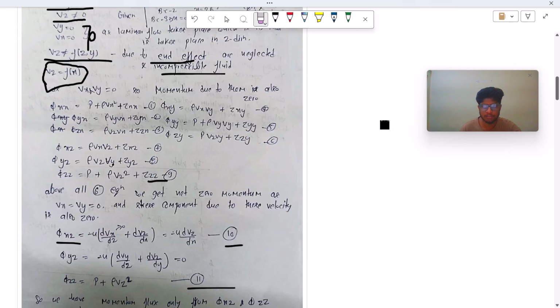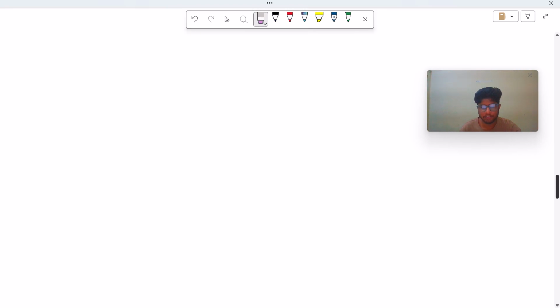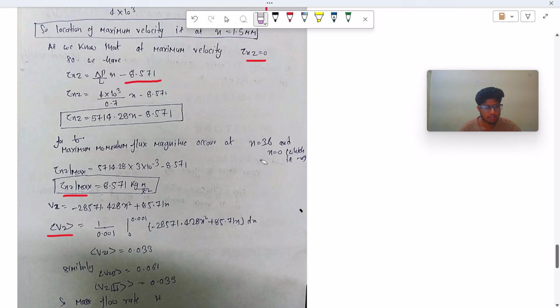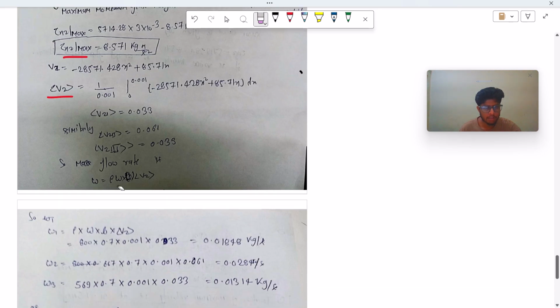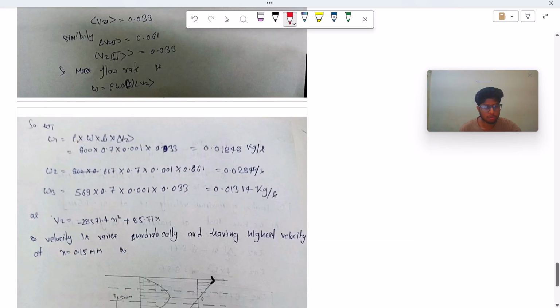If we take this, we get density into area into average velocity. So we get the mass flow rate for fluid 1. Density of fluid 1 is 800, width into thickness, width is 0.7 and b is 0.001, average velocity is 0.033.